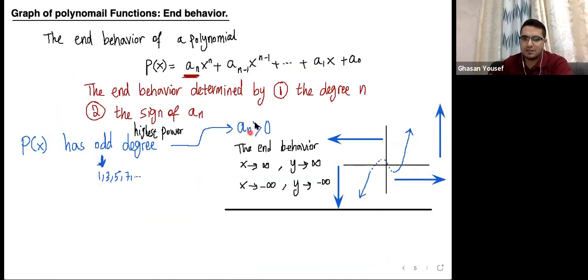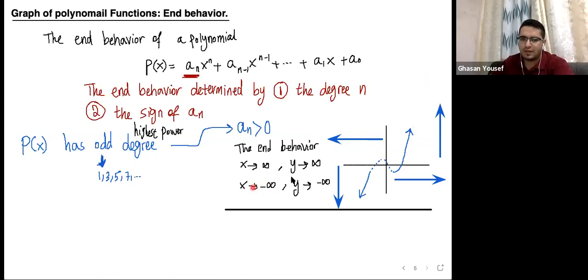If this leading coefficient is positive and the degree is odd, look at the end behavior when x goes to infinity. The variable x becomes larger and larger, goes to infinity, and the y value of the graph goes to infinity, goes up. Look at the curve. This curve goes up.